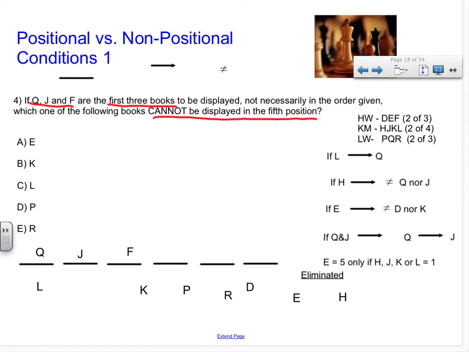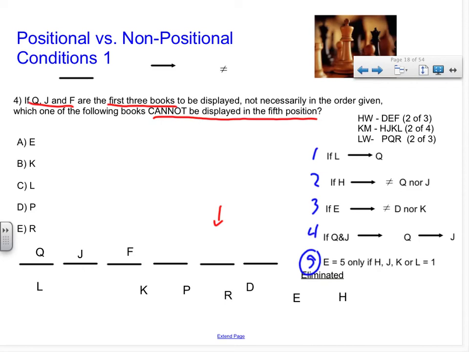So the place in question is the 5th position right here. So we've got Q, J, and F already in the first 3 spots. One thing I know about the 5th position is I immediately clue into condition 5. And 5 says E equals 5 only if H, J, K, or L equals 1.